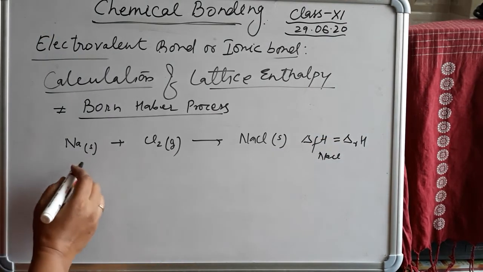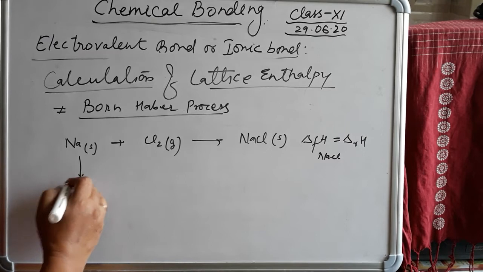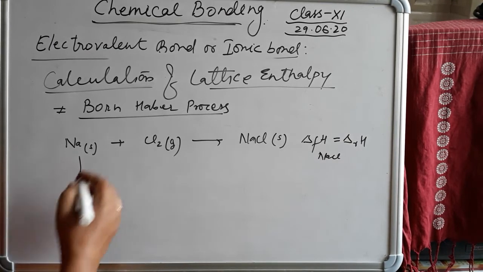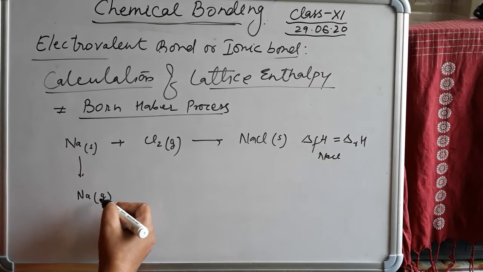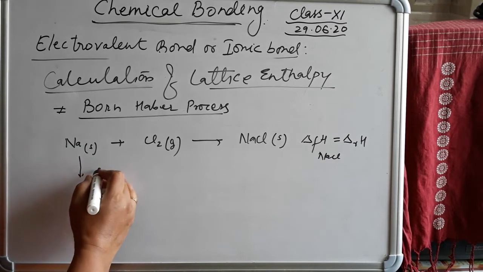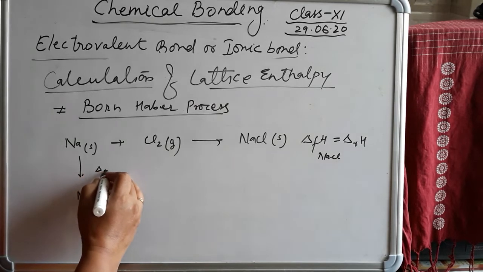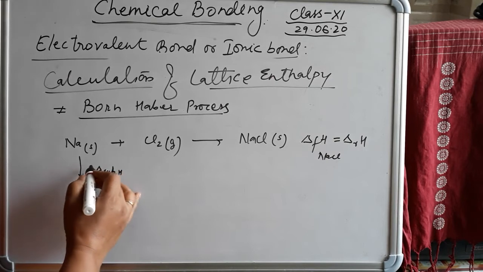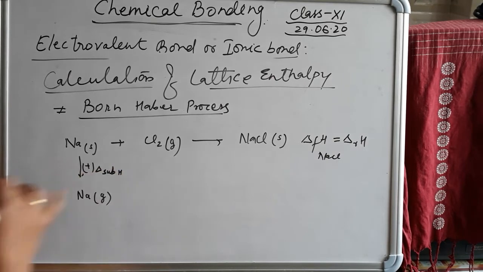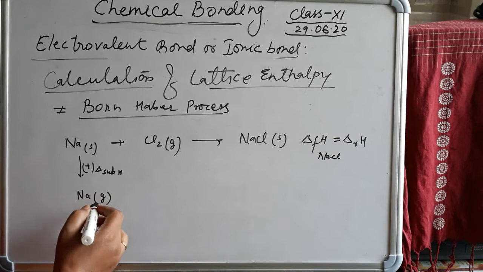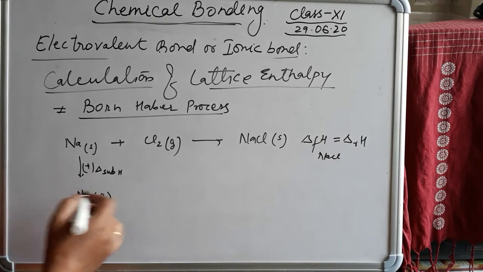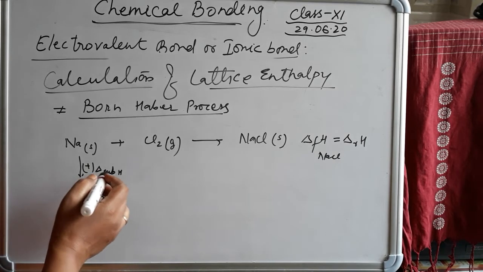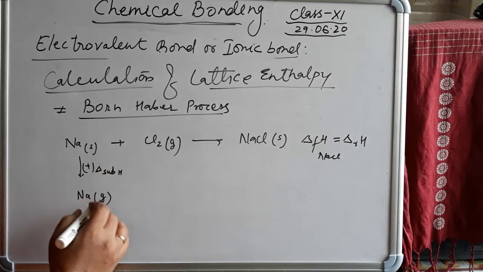When sodium in the solid state is converted into ion form, at first it is converted into gaseous form. When solid is converted into gaseous form, energy is supplied, and this is known as sublimation enthalpy. Energy is given, so we use a positive sign. Solid directly converts to gaseous state, so it is known as the sublimation process, and when the sublimation process takes place, energy should be supplied.